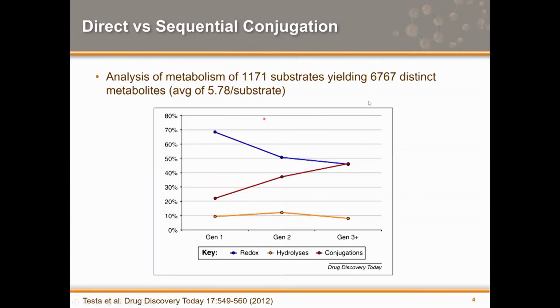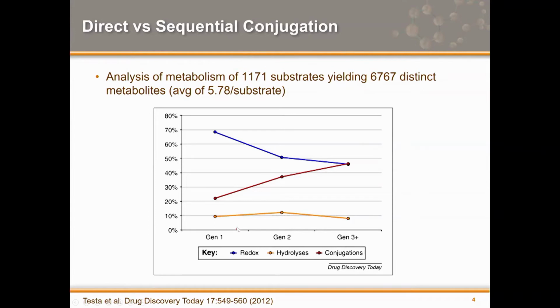So this is an interesting analysis of about 1,200 substrates where they looked at the sequential metabolism of these substrates and captured all their metabolites, looking at about 6,800 distinct metabolites. And on average, this was about 6 metabolites per substrate.